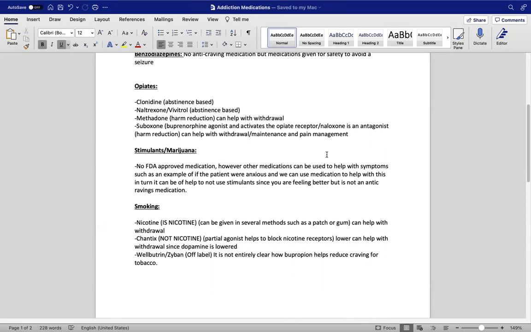It must be prescribed by one of us, physician, PA, all of it, somebody with a license. And it is considered harm reduction because it is an opiate in itself. So a couple different things. Technically, methadone can be used to help with withdrawal from the opiate.